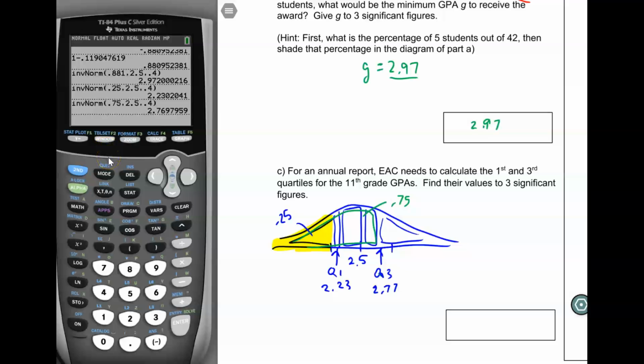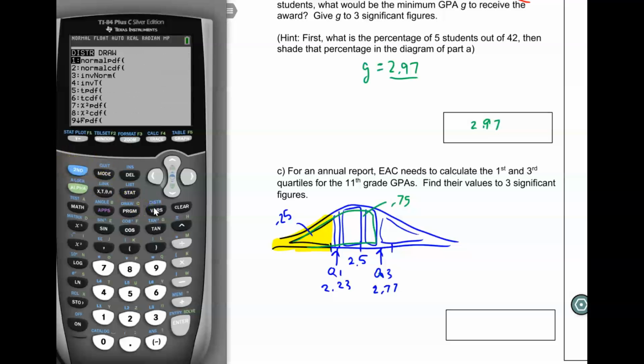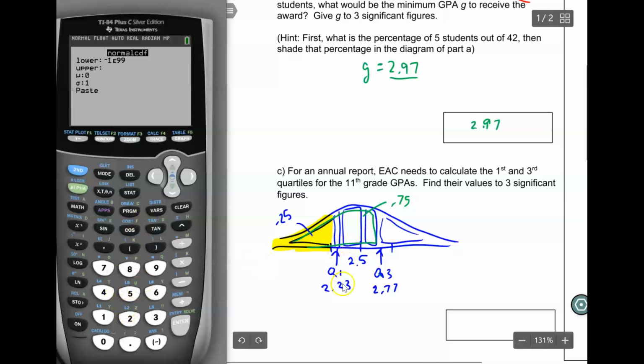Let's verify that the area between 2.23 and 2.77 is the middle 50% by doing norm CDF, okay? So we'll go second distribution, norm CDF, which is number 2, and we're going to put Q1, which is 2.23, and Q3, which is 2.77.